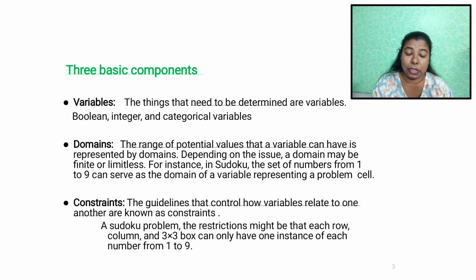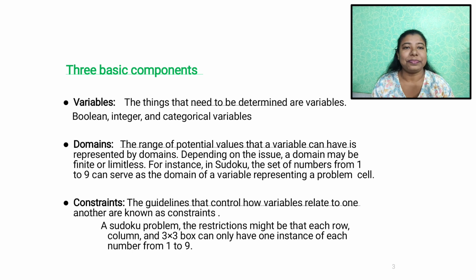That means if in the first block we are using 1, 2, 3, in the second block we are not going to use 1, 2, 3. For that we have to use 4, 5, 6. But the addition of horizontal, vertical or diagonal will remain the same. So that is the constraints.